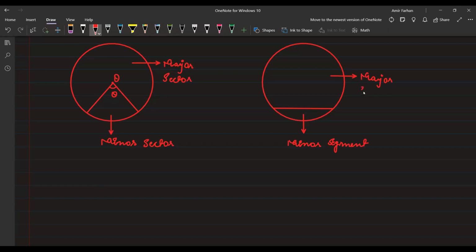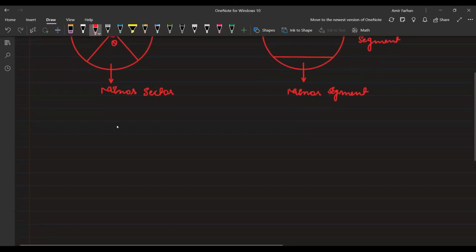So this is the major segment, and you can say the smaller segment. Okay. So now, how to calculate the area of it?